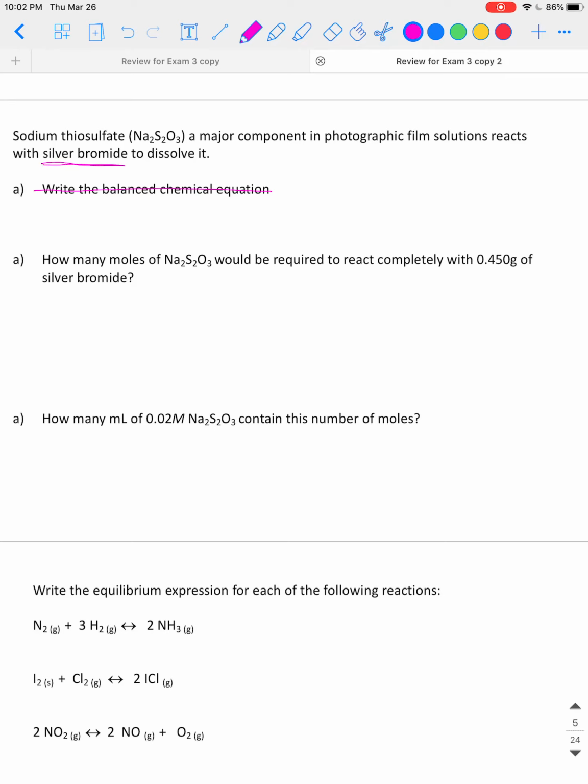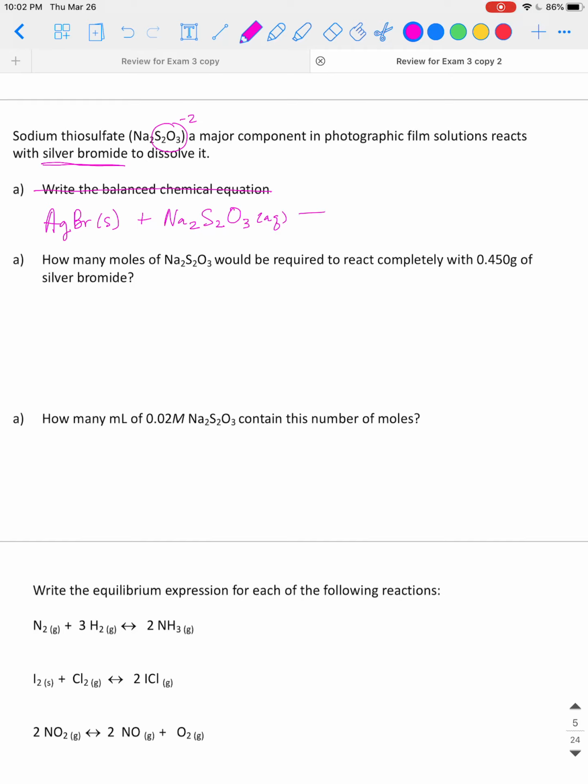Number one, you do have silver bromide, which is AgBr, and that is a solid. And then we are given our other reactant, which is sodium thiosulfate, Na2S2O3, and this anion here has a -2 charge, which is why we have 2 sodium +1 cations, and this is aqueous.